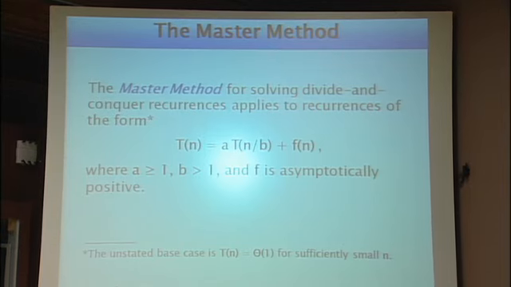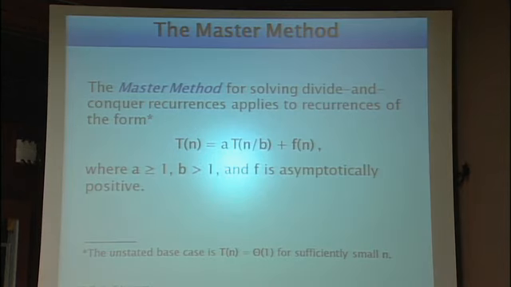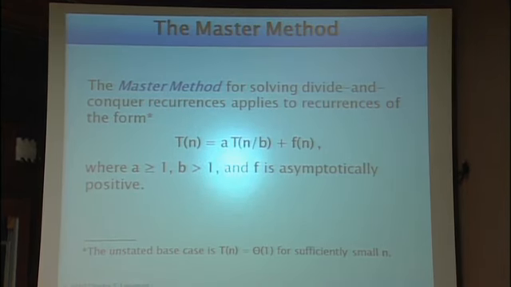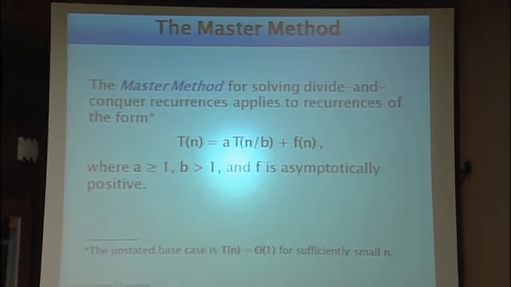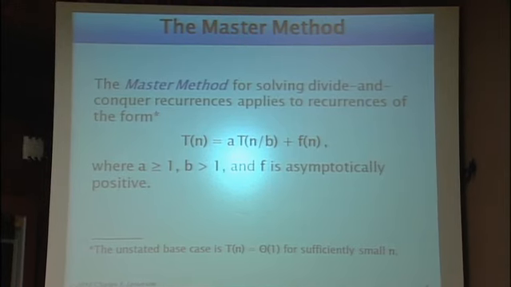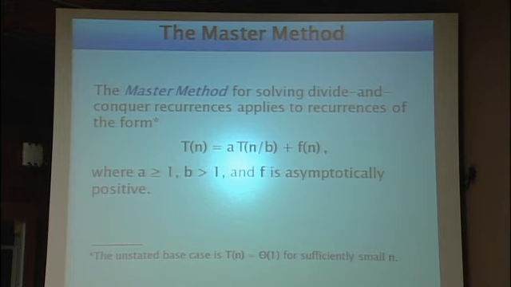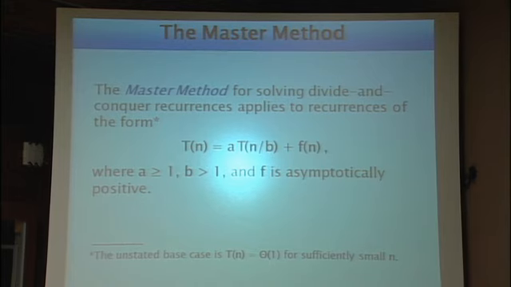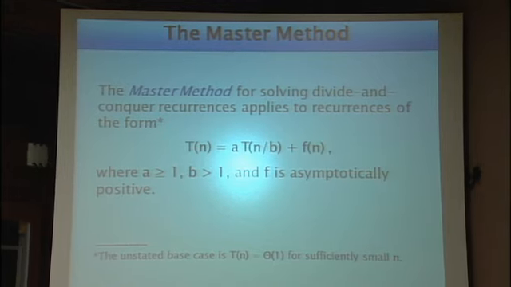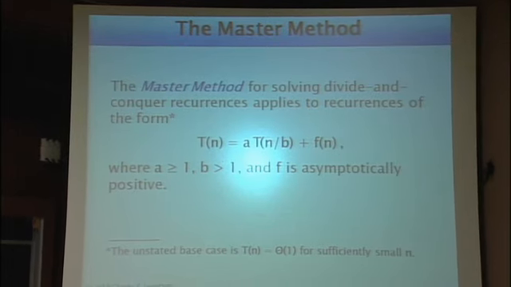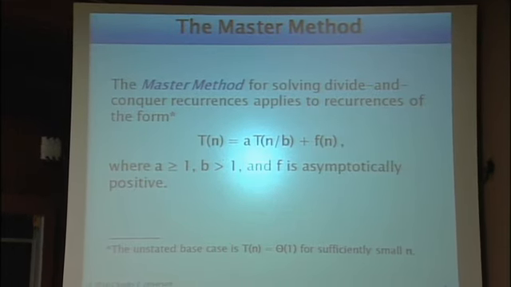So the main method we're going to use is called the master method. It's for solving recurrences of the form T of n equals a T of n over b plus f of n, where we have some technical conditions. a is greater than or equal to 1, b is greater than 1, and f is asymptotically positive. As f gets large, it becomes positive.